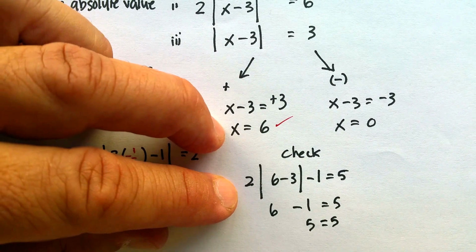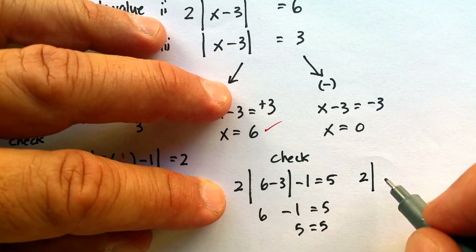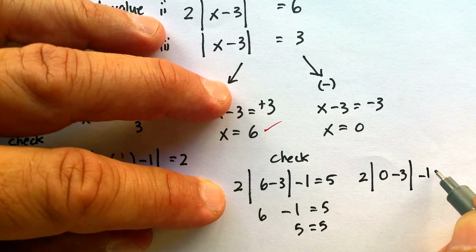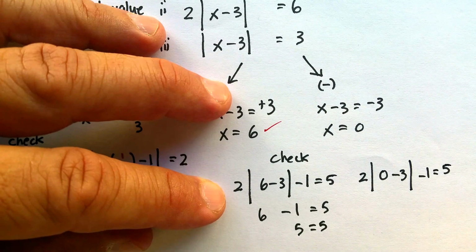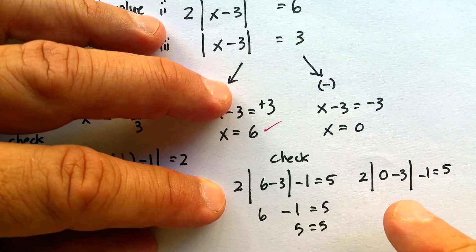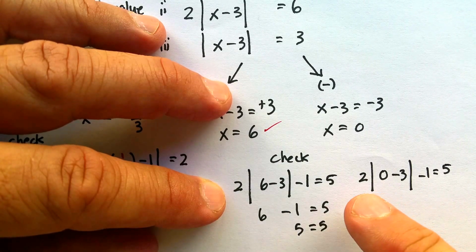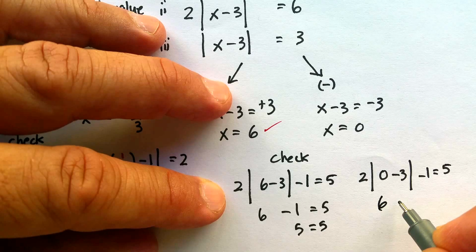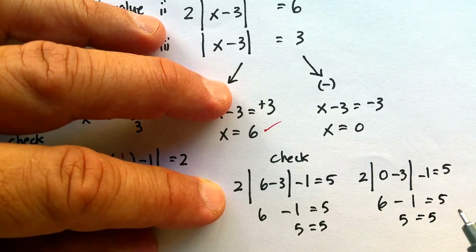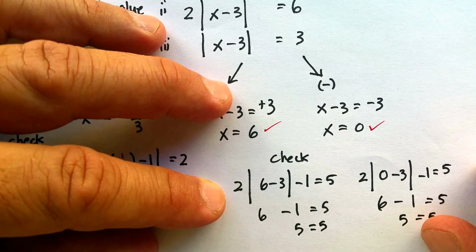Let's check this one over here. 2 times the absolute value of 0 minus 3, minus 1 is equal to 5. 0 minus 3 is negative 3. The absolute value of negative 3 is 3. So 2 times 3 is again 6. Minus 1 is 5. And again, 5 is equal to 5. So 0 works as well.